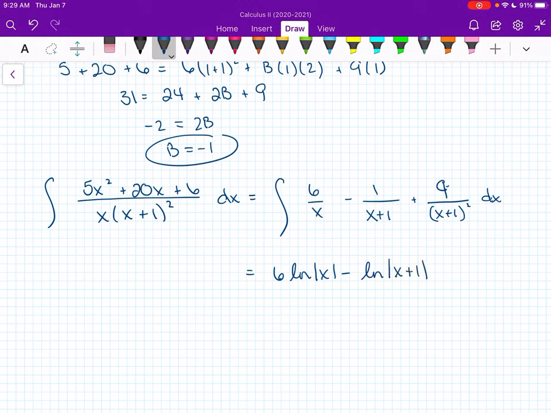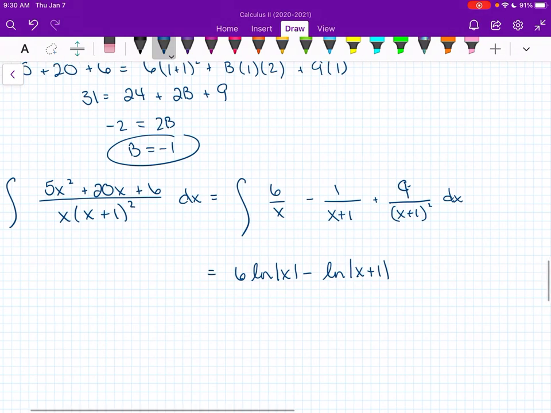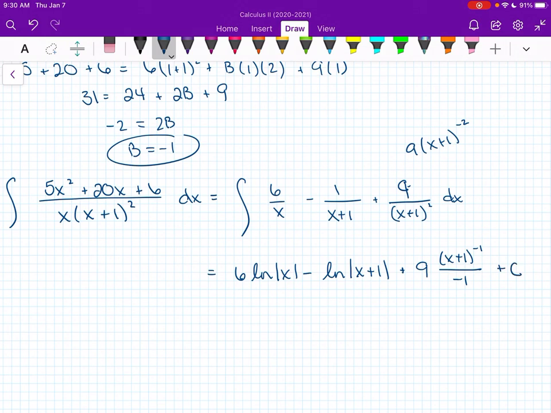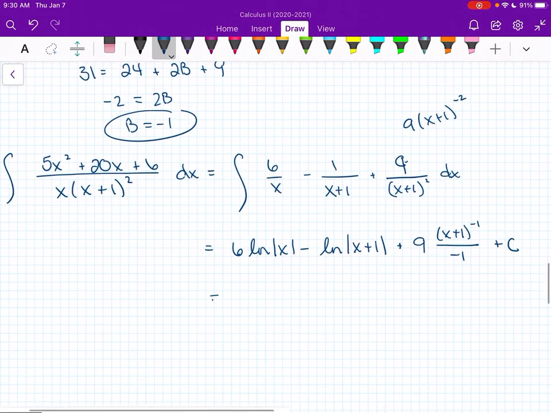I don't need to worry about u substitution there because the derivative of x plus 1 is 1. And then my next one, if I think about this as 9 times x plus 1 to the -2, I'm going to get 9 times x plus 1 to the -1, add 1 to the exponent, divide by the new exponent, -1, plus c.